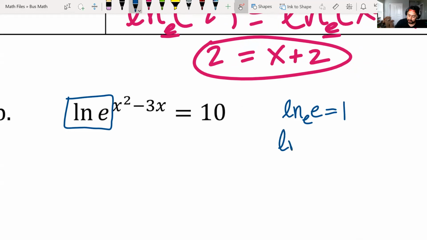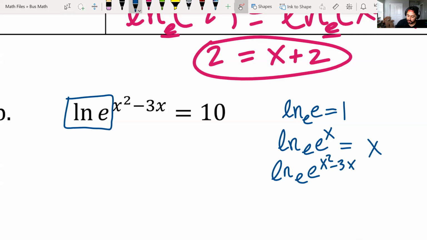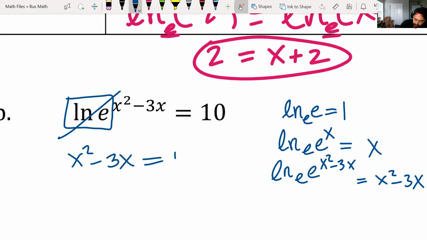Also, natural log base e of e raised to the x is equal to x. This means natural log base e of e raised to the x squared minus 3x is going to be equal to x squared minus 3x. So this cancels and leaves us with x squared minus 3x equal to 10. So this was using properties we learned today.